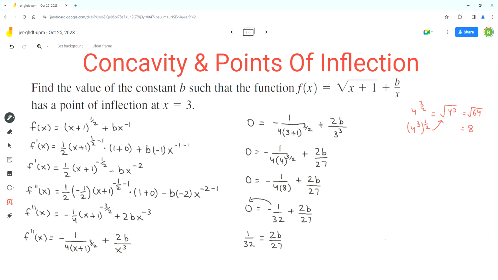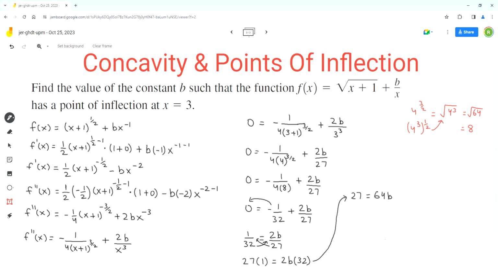Now we can cross multiply the denominators. We can cross multiply 27 to the left side and 32 to the right side. So we get 27 times 1 equals 2b times 32. 27 times 1 is 27, and 32 times 2 is 64b.